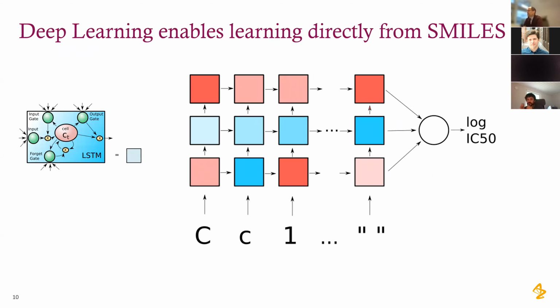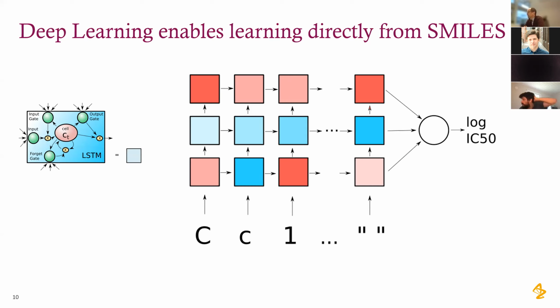One of the ways we can do that is via recurrent neural networks. We have had great success with long short-term memory cells that have a little internal state inside the cell that gets propagated through the inputs. First you input one character of the SMILES, and then you change the internal states, and these states are then progressed to the next one, and you input the next character, and the states can be changed.